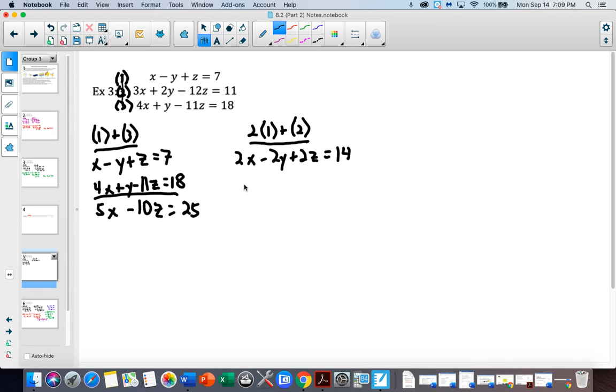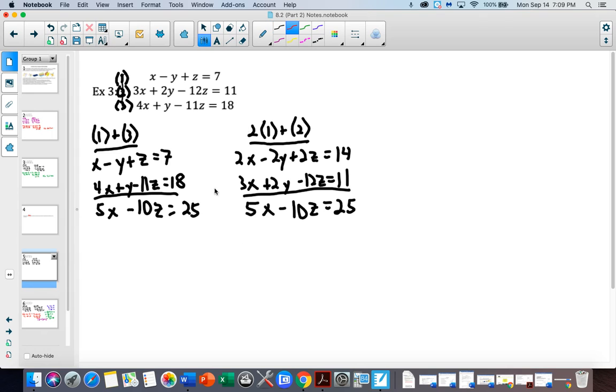And then my second equation, 3x plus 2y minus 12z equals 11. And if I add, I will end up with 5x minus 10z equals 25. I got the exact same thing here.